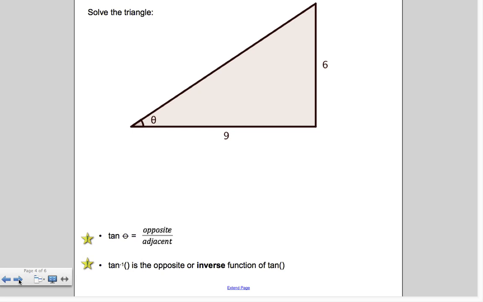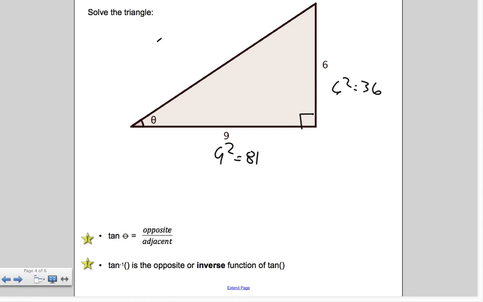In other words, we want all the angles. Well, this length is pretty easy. How can we calculate this length? That's a right angle triangle, so it's the Pythagorean theorem. So we're going to square this side. 9 squared is equal to 81. 6 squared is equal to 36.